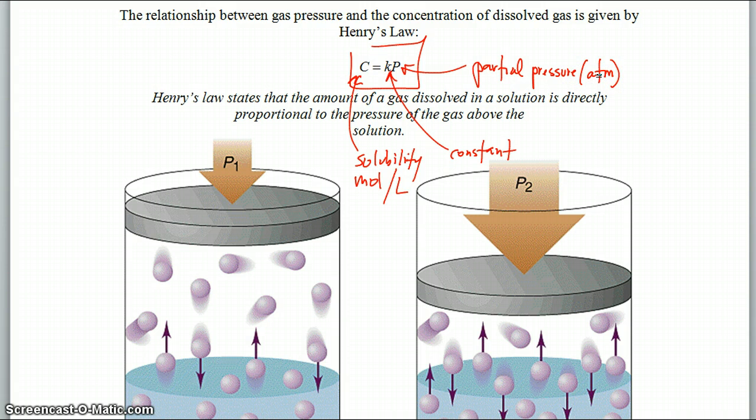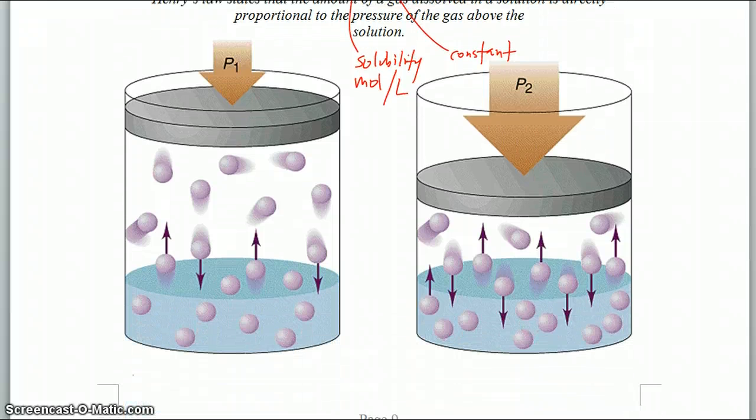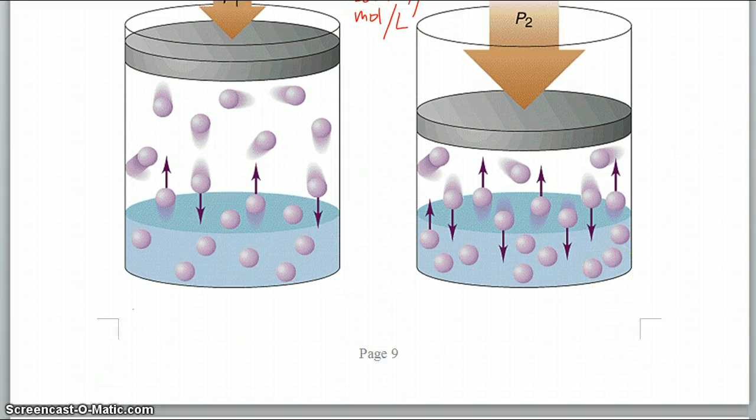As the pressure increases, the solubility will increase. They're on opposite sides of the equation, so it should be directly related. This image at the bottom just shows that as you're exerting more pressure on this gas, more of the gas particles are going to be forced into solution.